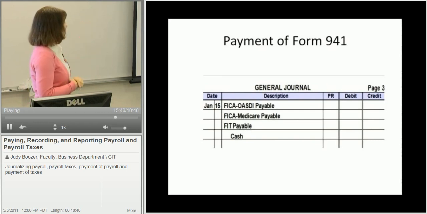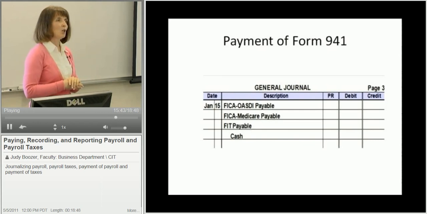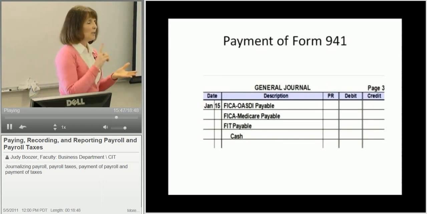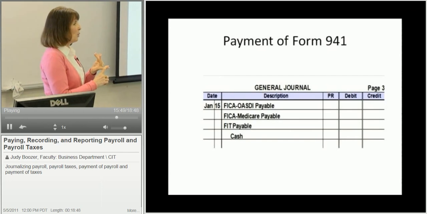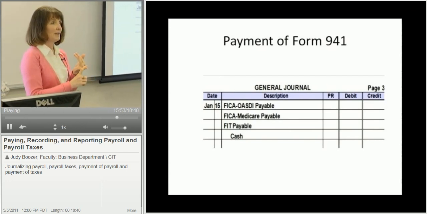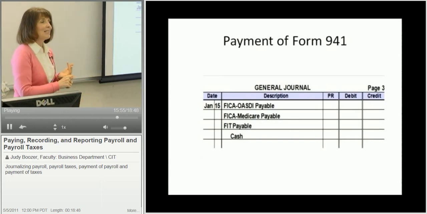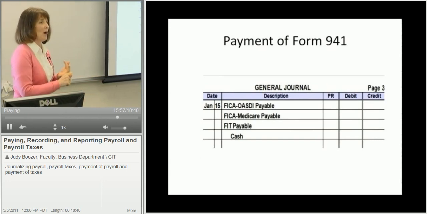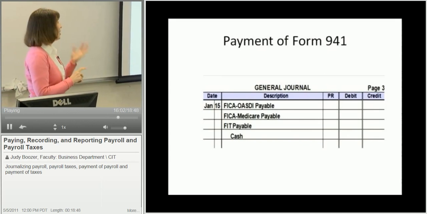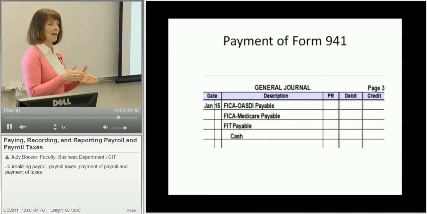Now, FICA OASDI payable includes what in it? It includes the deduction that we took from the employee's paycheck, correct? Did we take it from each employee? And it includes the amount that the employer also has to pay for that employee. So it really gets hit hard. And for the purposes of your assignments, it means doubling the amount that you normally see, the 6.2%.